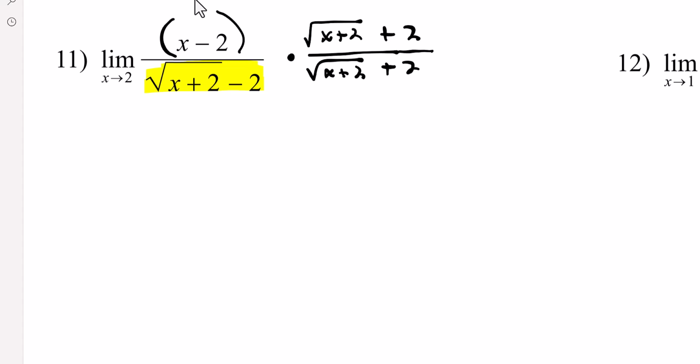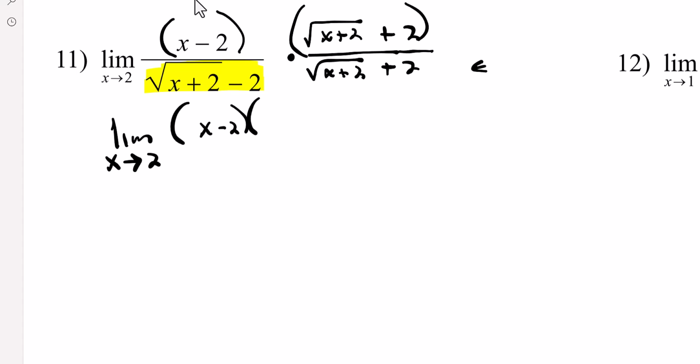On the part where you're not multiplying by conjugates, down below, those are the conjugates. In the numerator, don't do the distributive property. Leave it exactly as it is, even on the next step. So the limit as x approaches 2, in the numerator we have x subtract 2 times the square root of x plus 2. And technically it's best practice to close the parentheses under the radical sign, even though the software doesn't.